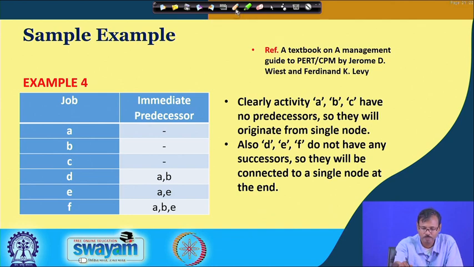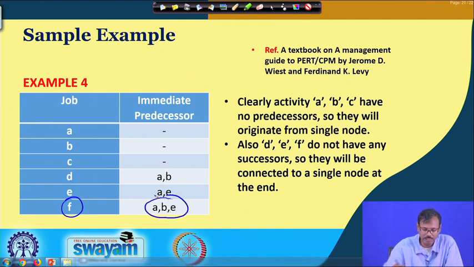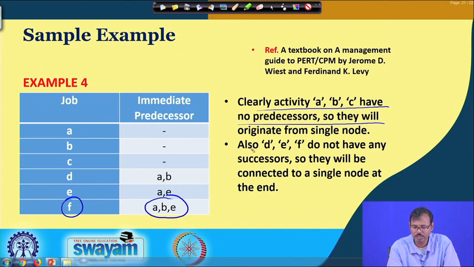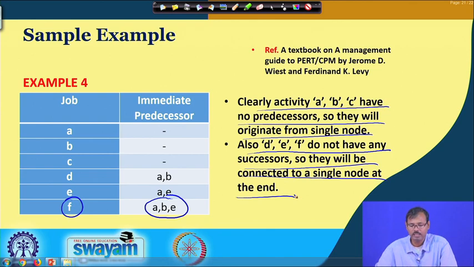Now, we are having another job F, it is not a dummy job now, and these are the predecessors F is having. So, now clearly activities A, B, C have no predecessors, you can immediately draw these from the starting node, but D, E, F do not have any successors. So, they are all connected in the single node in the end.